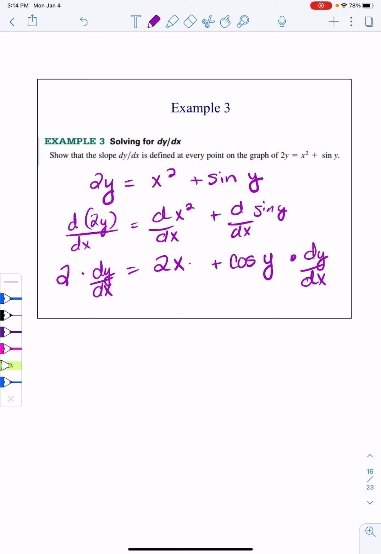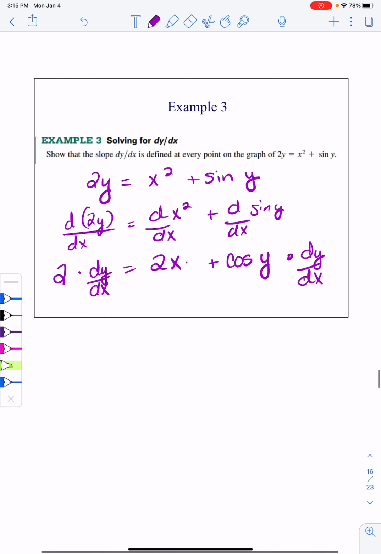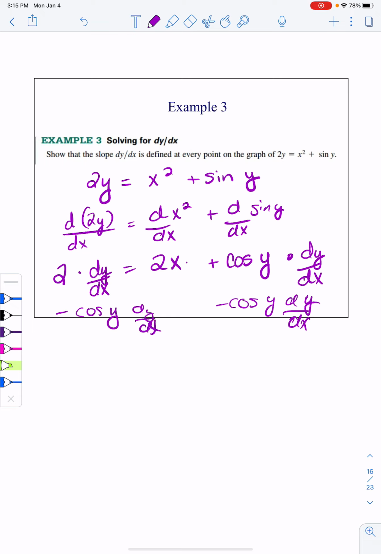And then you'll notice your dy/dx's are on opposite sides. You can go in either direction, it's up to you. So you would go minus cosine y dy/dx. If you get the opposite, we're just going to have a negative sign difference in our two answers. So you're going to go 2 dy/dx minus cosine y dy/dx is equal to 2x.